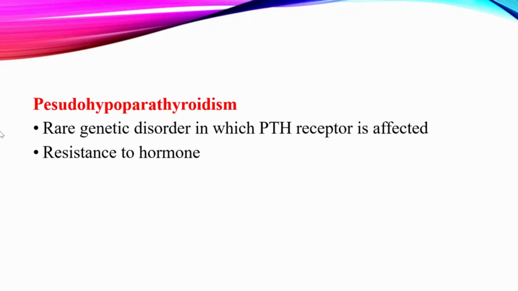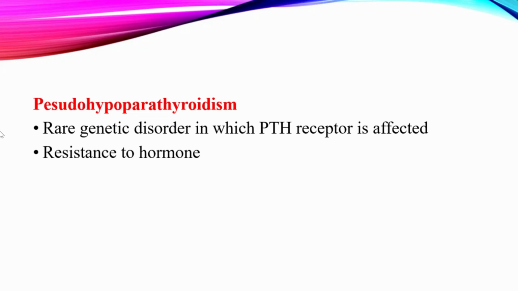But due to the lack of receptors on the target organs, the parathyroid hormone cannot exert its effect on the target tissues, which leads to hypoparathyroidism. That's why it is called pseudohypoparathyroidism. Though the hormone level is normal or increased, it shows the symptoms of hypoparathyroidism.